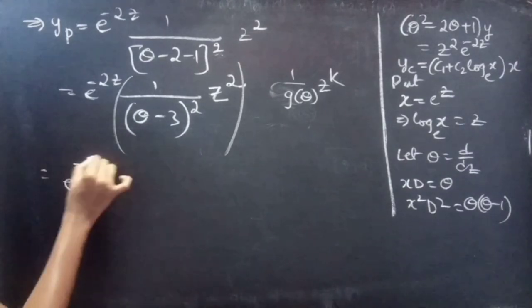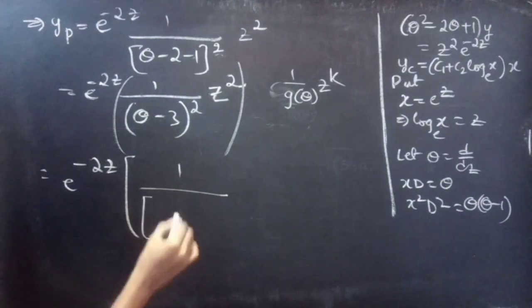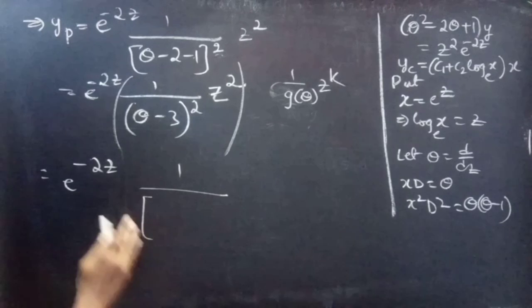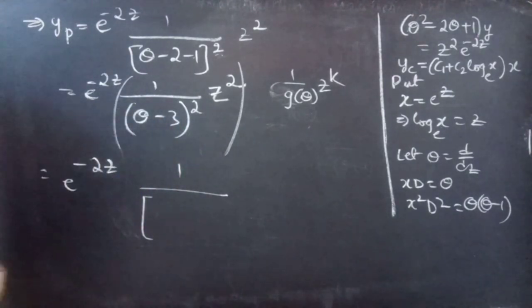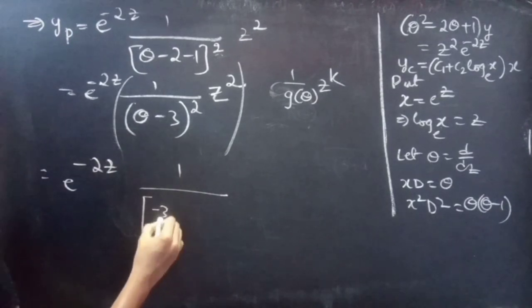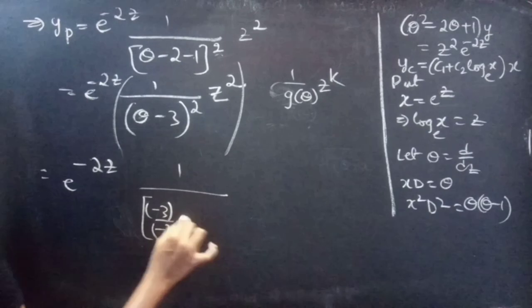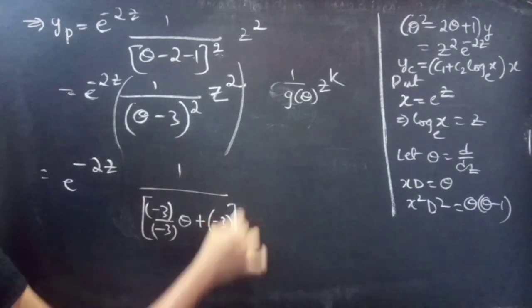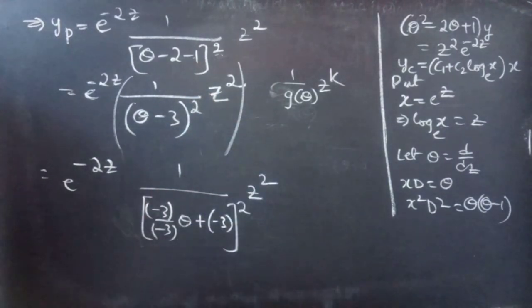In the first term of the denominator we don't have minus 3 to take common. So we'll just multiply and divide minus 3 to this theta, and we'll write minus 3 as plus of minus 3 whole square into z square.